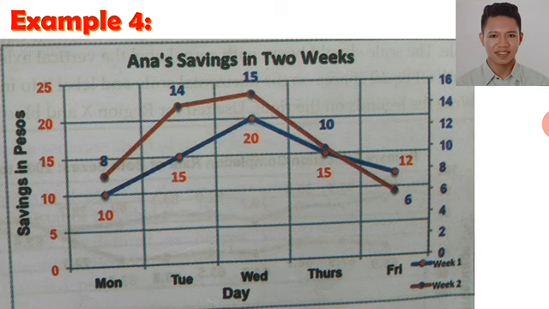Since Anna saved 53 for the first week and 72 for the second week, just simply subtract 72 minus 53. The difference is 19. So Anna saved 19 pesos more in week 2.